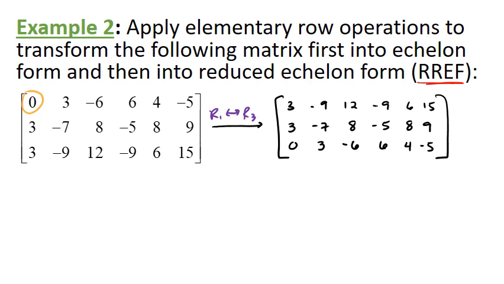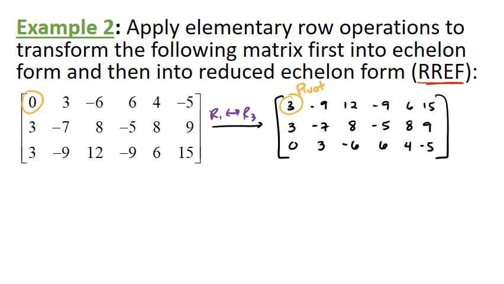Okay, now this is good news. This is no longer a zero entry. Okay, so we're going to keep trucking along. Now this is a pivot. It's the first non-zero entry. So remember, everything below the pivot must be 0.